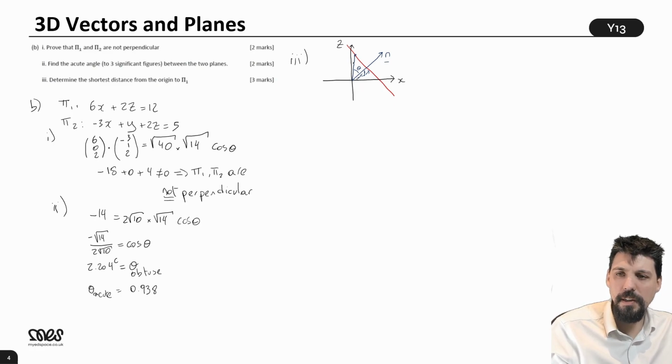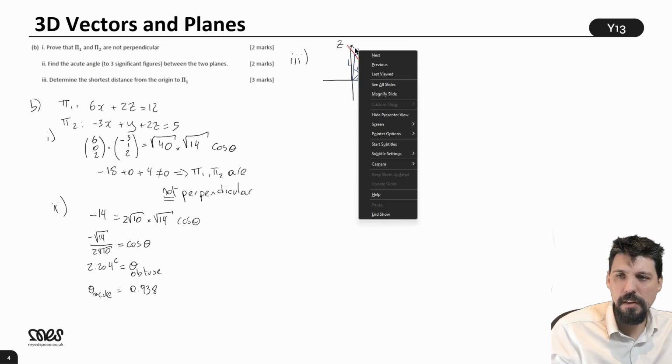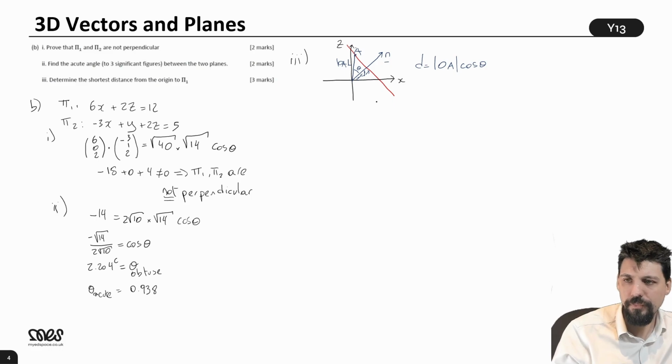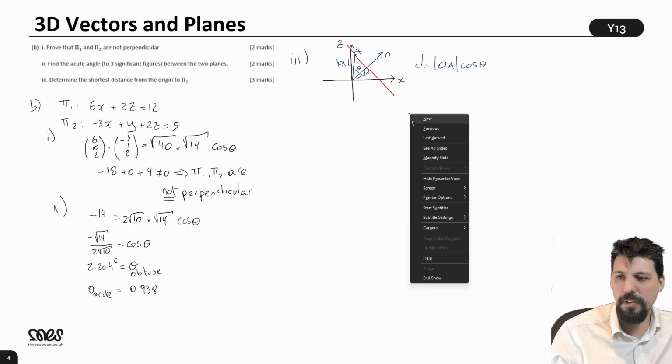I can find that length, call that length L. And if I call that point A, that is the length OA. And what we can see is that D is the length of OA times cos theta. And that's what we're going to use.